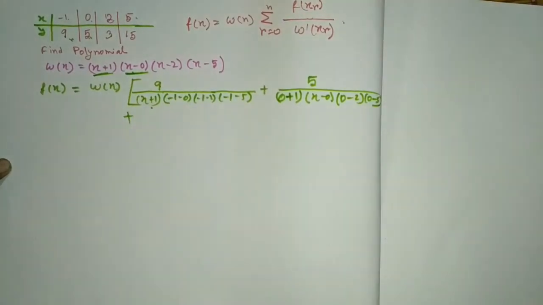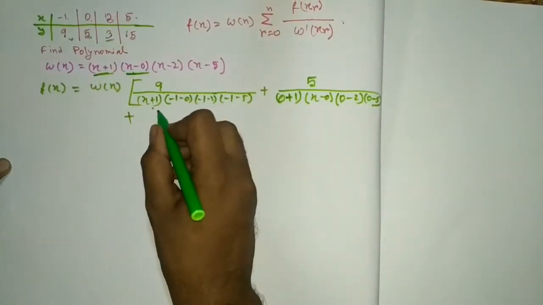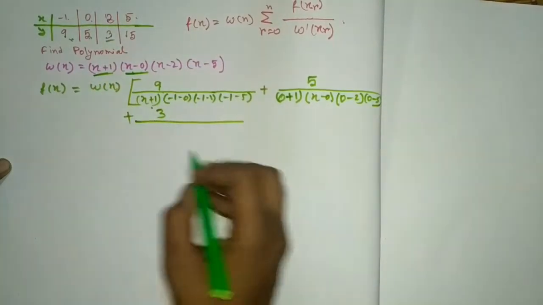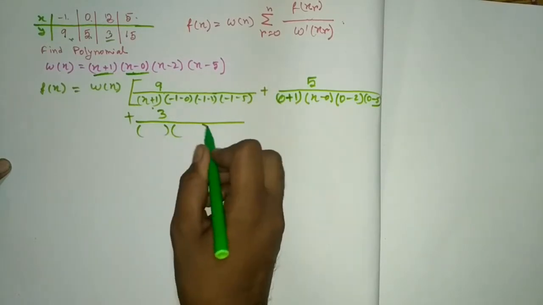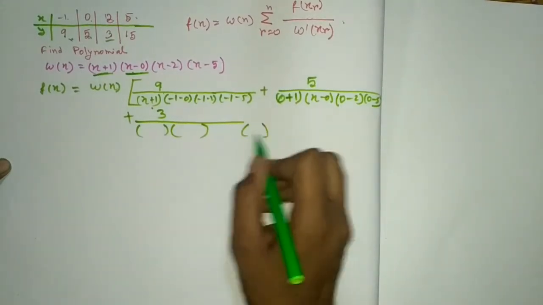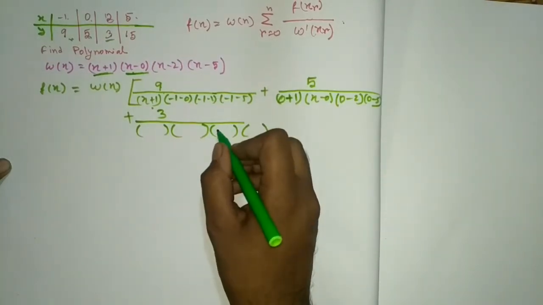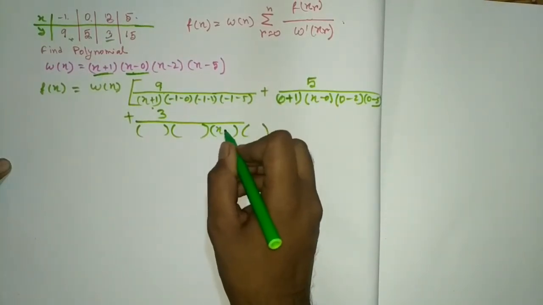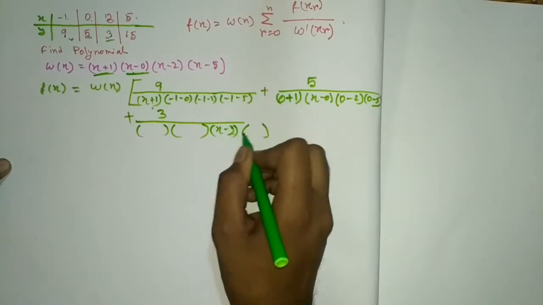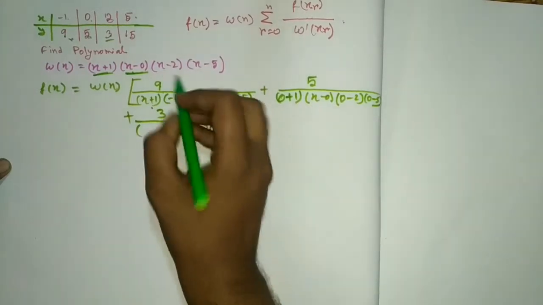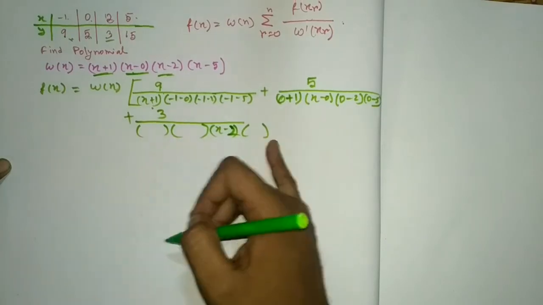You can notice that the denominator contains only one term involving x. So in this third term, in this position, it will be x minus 2.